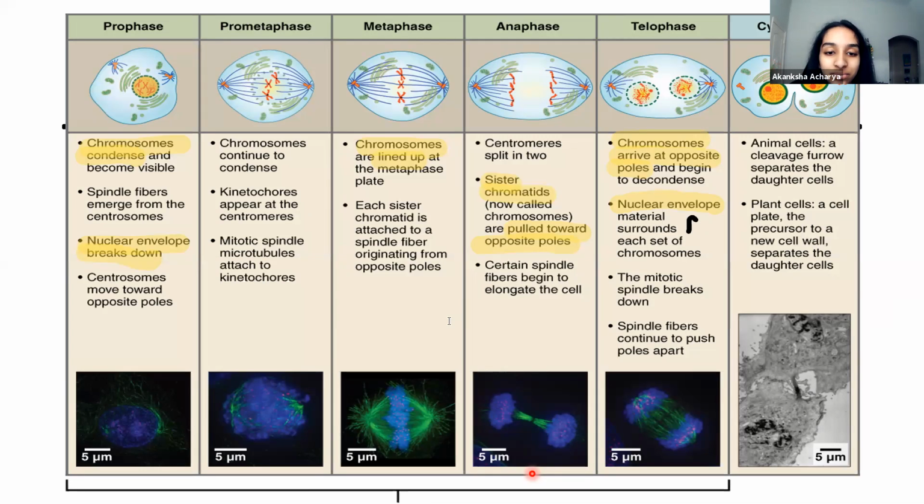Then lastly, cytokinesis is just, remember cleavage furrow. Your cell does the final splitting and it is now two. And now you know mitosis.